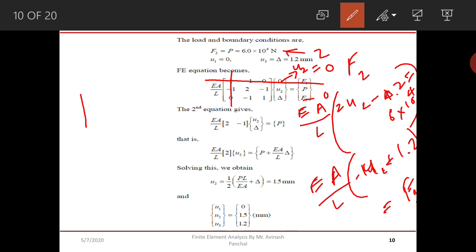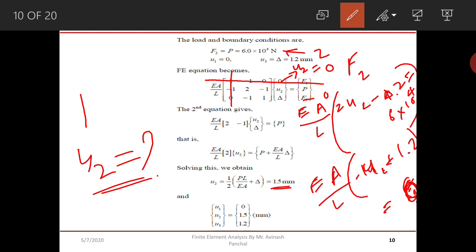So with F3 equal to 0, by solving these simultaneous equations we can get the value of u2, and we get the value 1.5 mm.